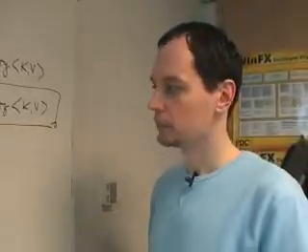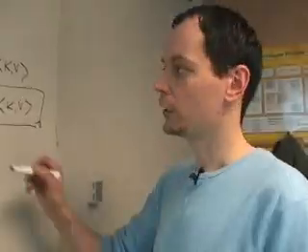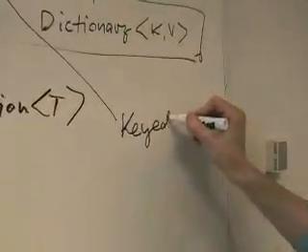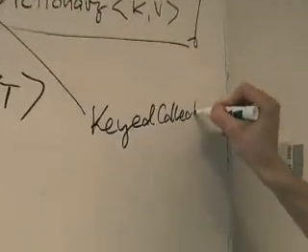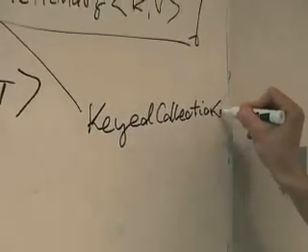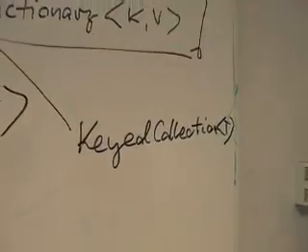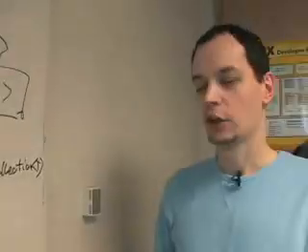Another collection, again intended for inheritance, is called keyed collection of T. Keyed collection is very similar to the collection known to VB users, the VB6 collection. It's a collection of items that can be indexed both by an integer, like a regular collection, and a key.